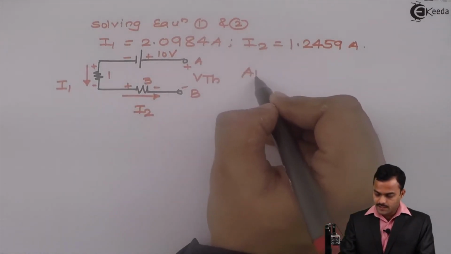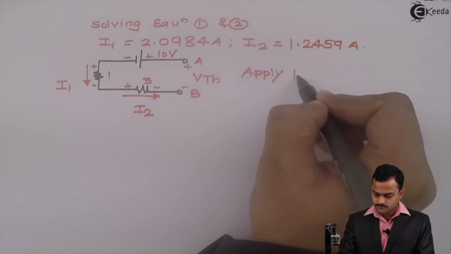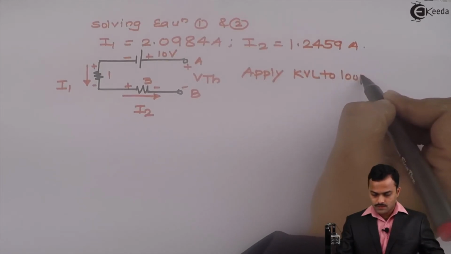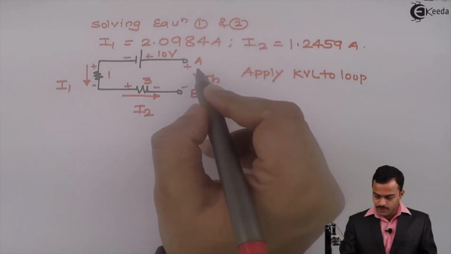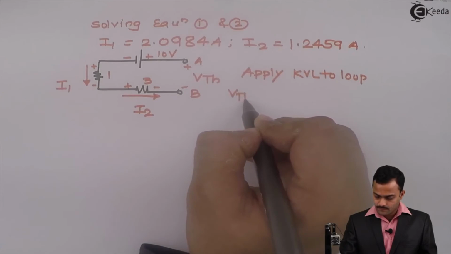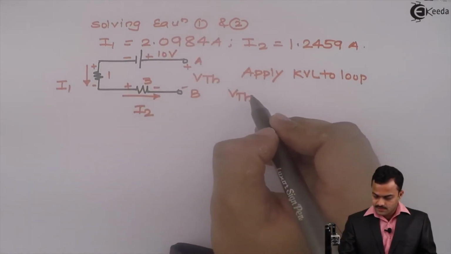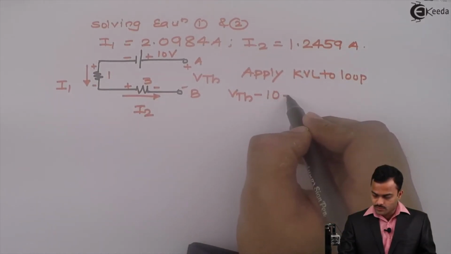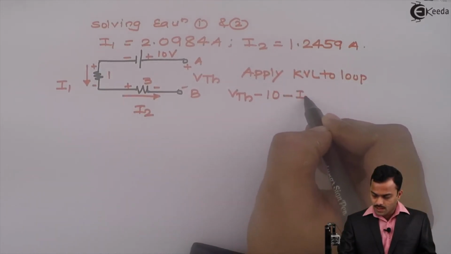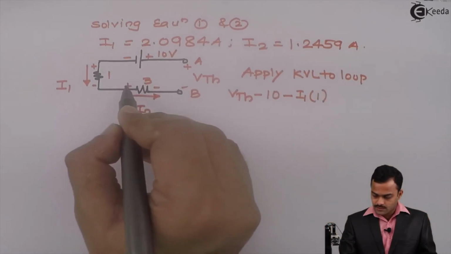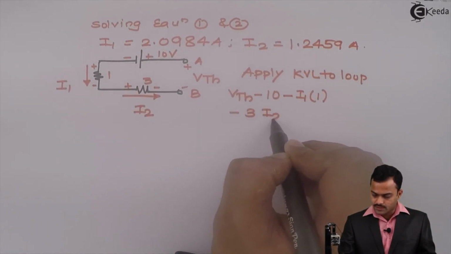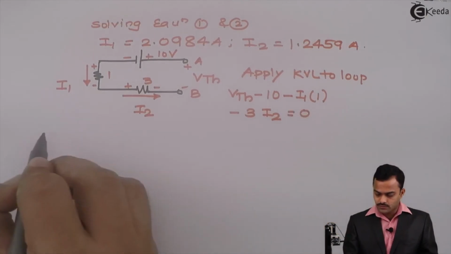So let's apply KVL to this loop. I'll start from point B. So B to A, it's VTH. Then minus 10. Once more, minus I1, the resistance is 1. Then minus 3, and the current flowing through it I2, equal to 0.